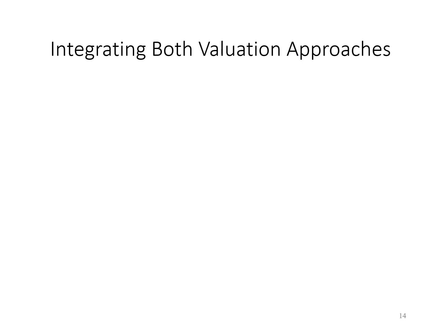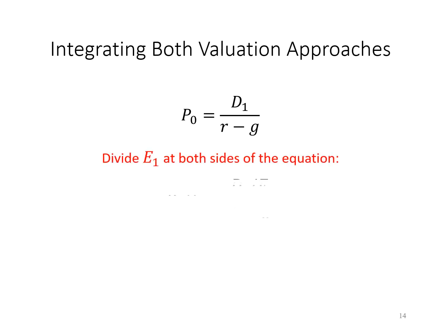Recall that our learning objective is to integrate the two valuation approaches, dividend discount model and multiplier approach. I first present the constant growth dividend discount model by Gordon. Dividing both sides of the equation by next year's expected earnings, and you will get a new equation.